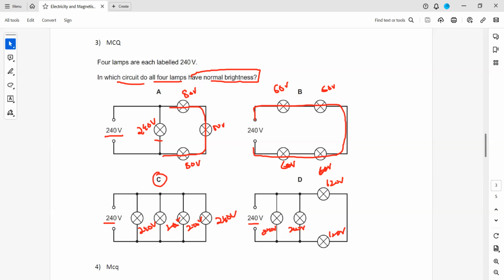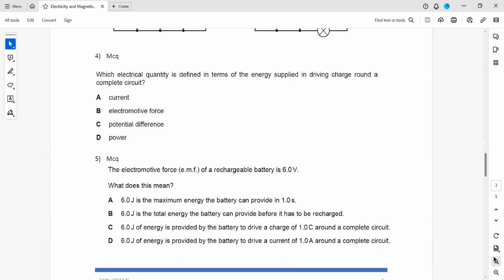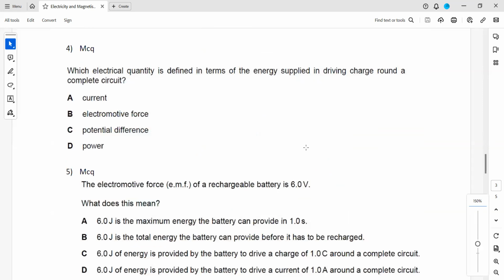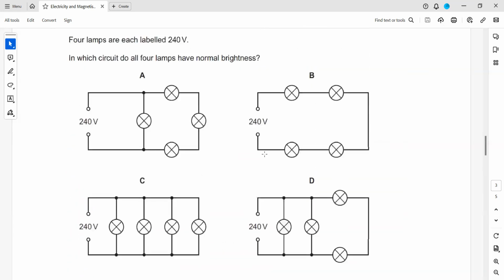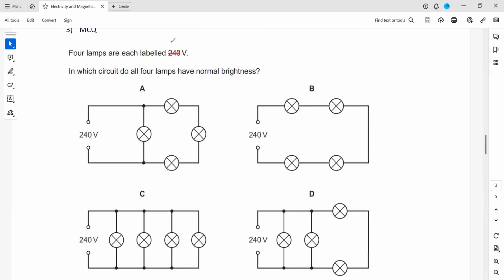Question 3. Next is question 4. If the question was four lamps, each labeled 60, and in which circuit do all four lamps have the same brightness?